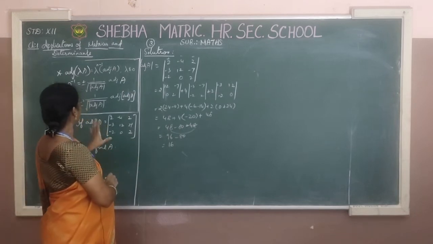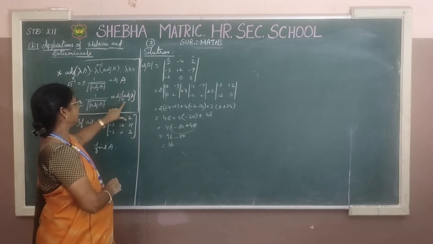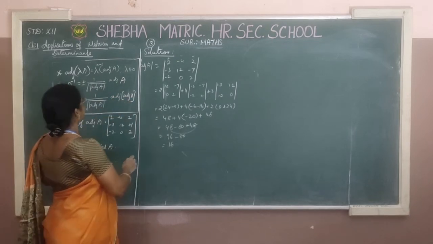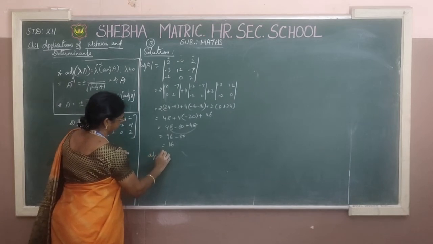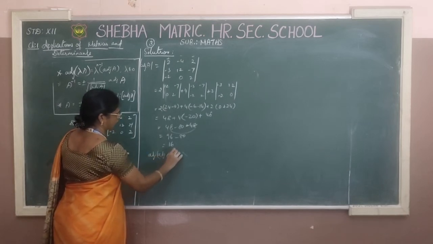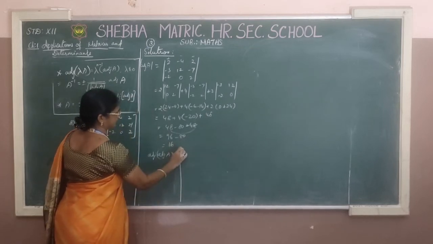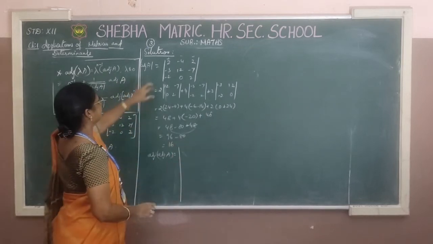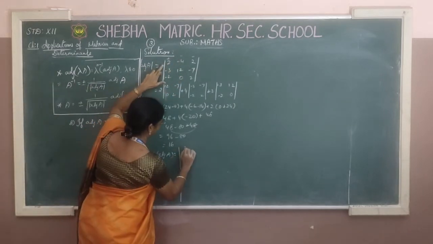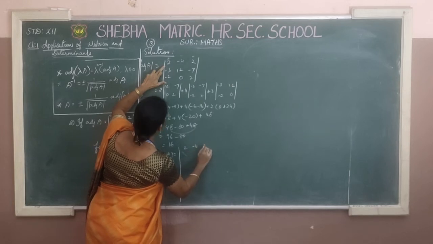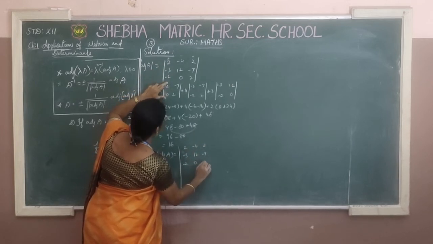Next you have to find the adjoint of adjoint A. Okay, next, adjoint of adjoint A. How to find this? The same direct method we have to use here. First write the given matrix 4 times: 2 -4 2, -3 12 -7, -2 0 2.